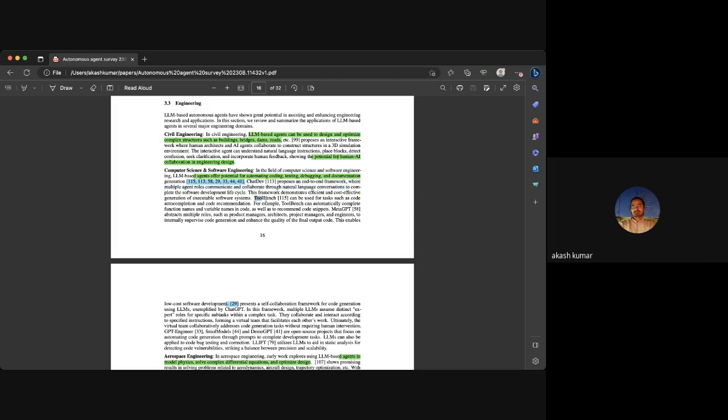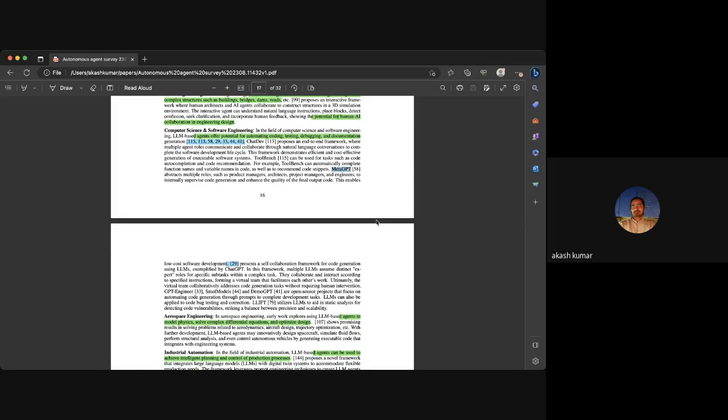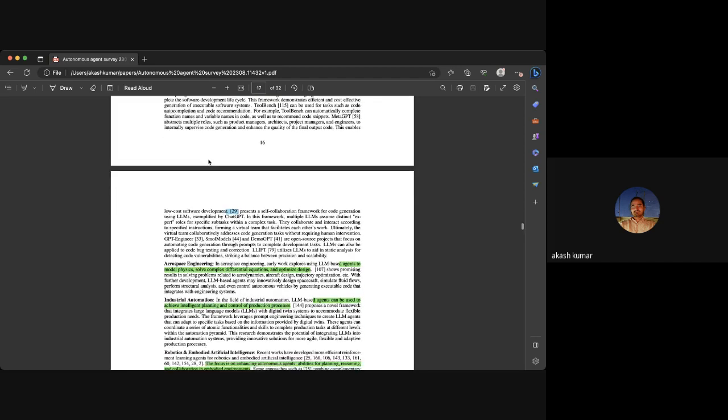Another example is ToolBench, which can be used for tasks such as code auto-completion and code recommendation. MetaGPT we just discussed. So there's a lot of development in this area, and it would be really nice to cover all these papers, or at least give a summary of how these agents are being used in CS and software engineering.